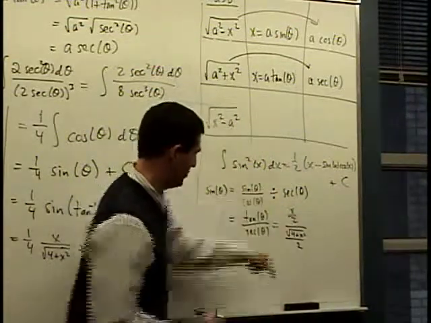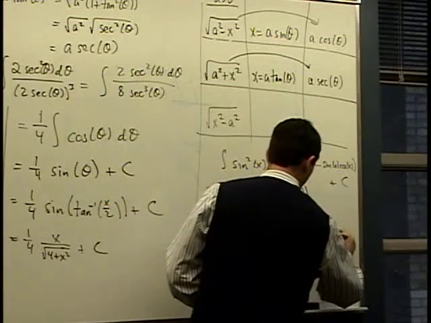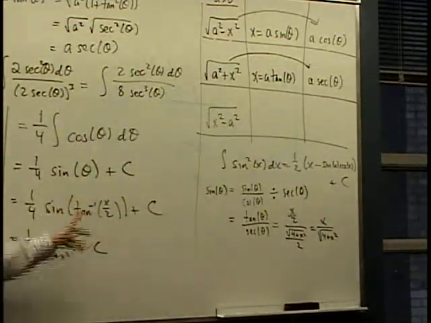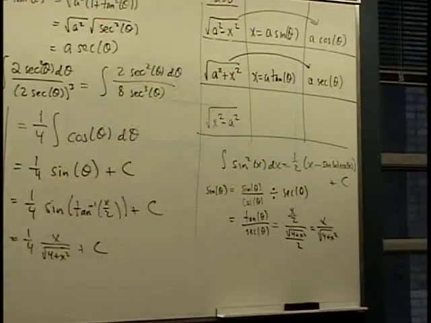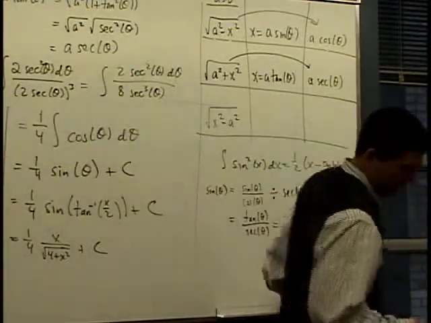So if you divide these, you just get x over the square root of 4 plus x squared. Okay, so that's another way you could figure out what sine of theta is. This is probably easier for me, but you could do it.